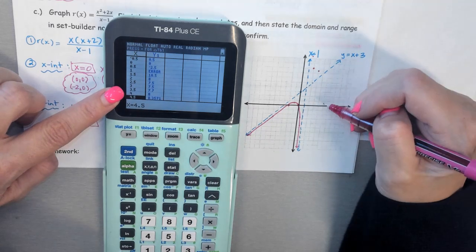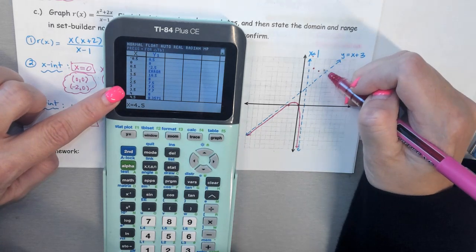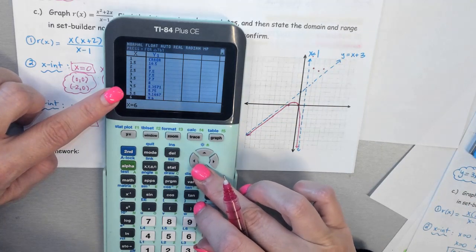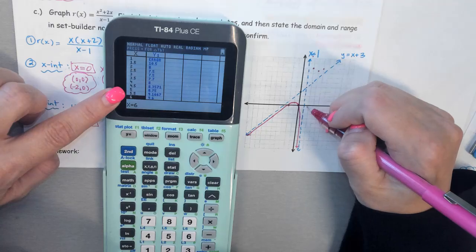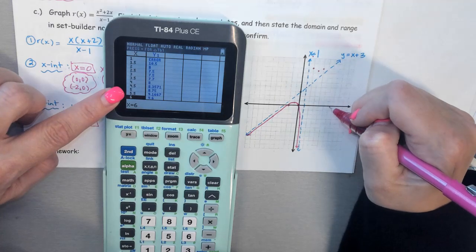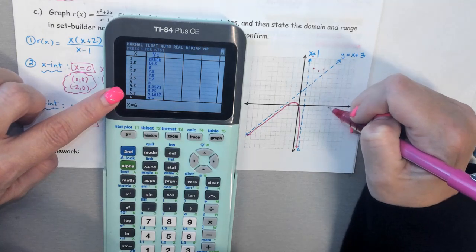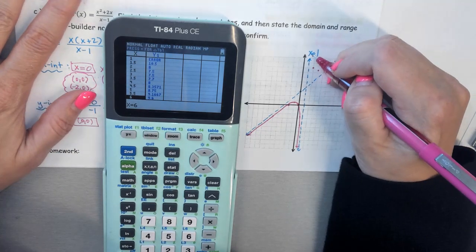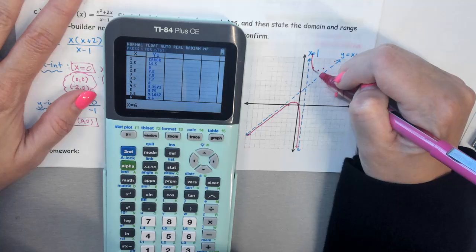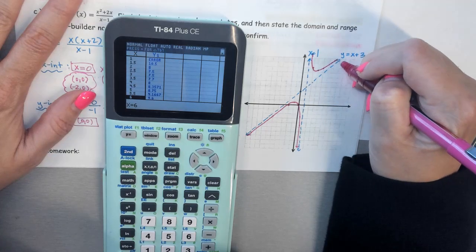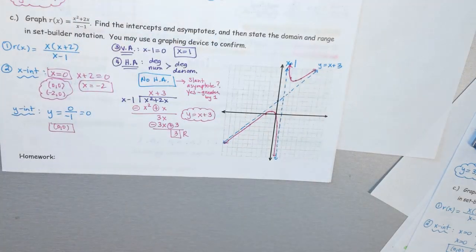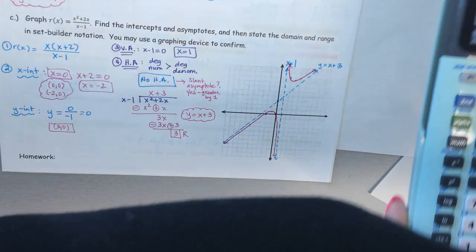At 4, I'm at 8. At 6, 1, 2, 3, 4, 5, 6, 9.6. Okay, and again, I just do that to help me make this curve.